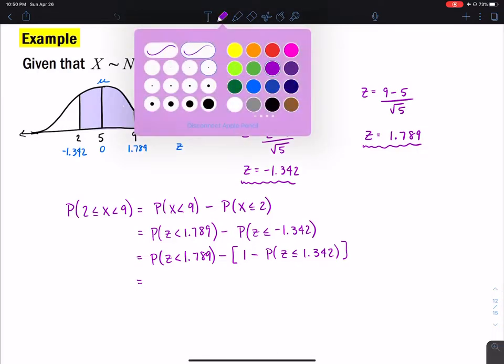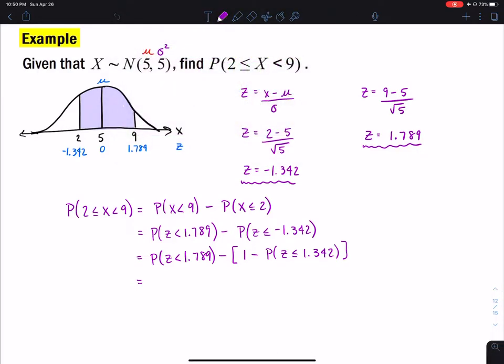We come back to our problem and plug those in. The probability that z is less than 1.789 was 0.9633, minus, and this is where we just have to pay attention, 1 minus 0.9102.